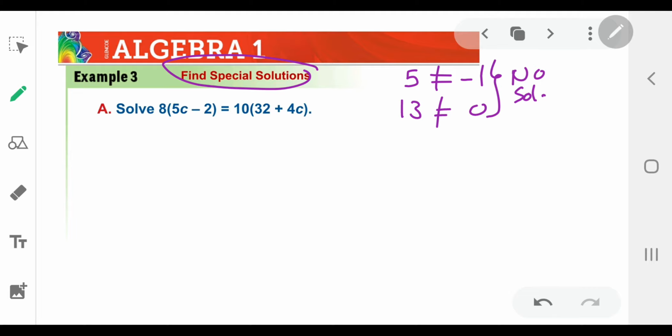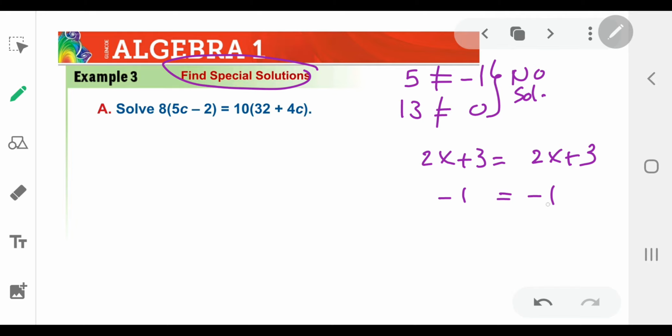And if you were in the middle of the equation simplifying, and you end up with, for example, two identical expressions on both sides, like 2x plus 3 is equal to 2x plus 3, or you found yourself ending with two equal numbers, like -1 is equal to -1.